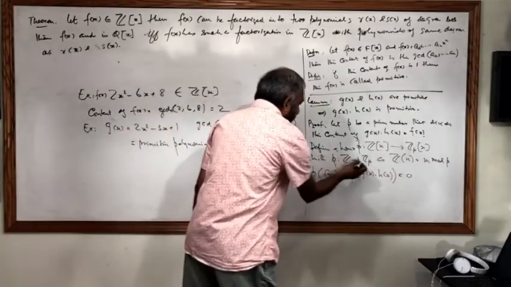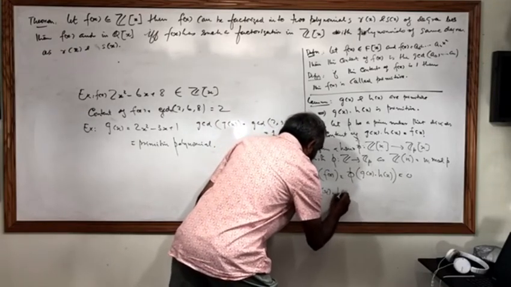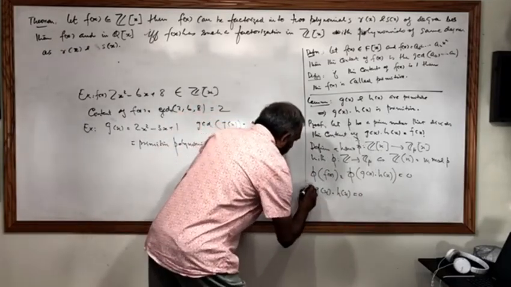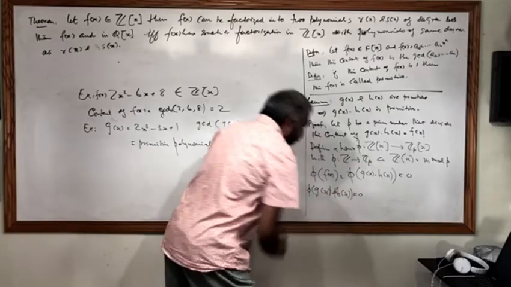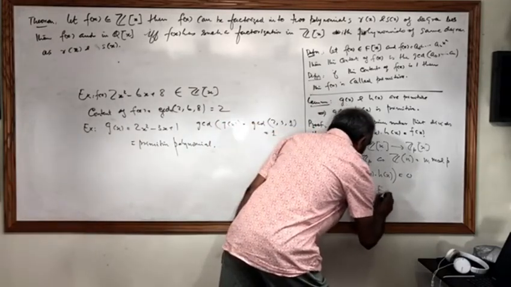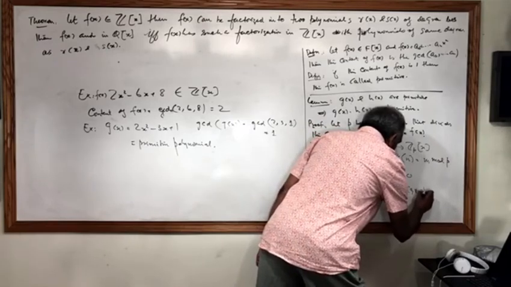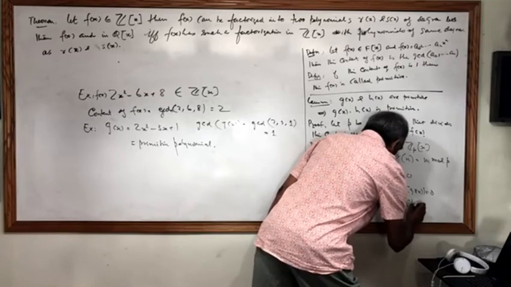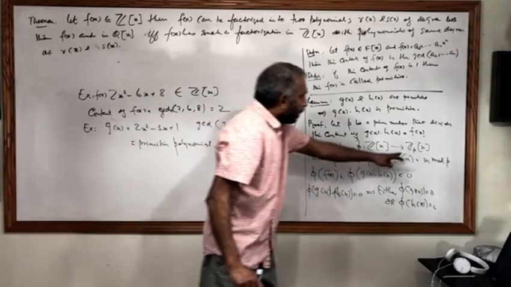But this is a homomorphism, and that means phi bar of g(x) times phi bar of h(x) is equal to 0, which implies either phi bar of g(x) is equal to 0 or phi bar of h(x) is equal to 0, because Zp[x] is an integral domain.